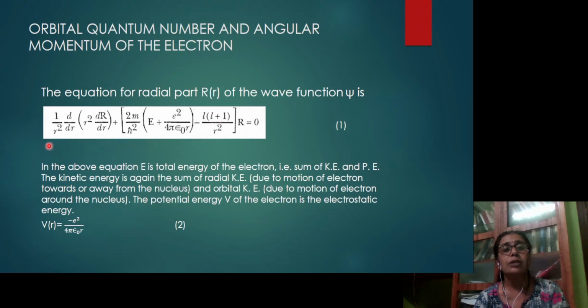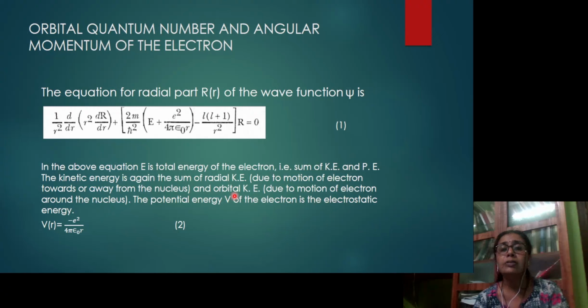As I have said earlier, we have rewritten the R equation and let us call it equation number 1. In this equation, capital E is the total energy of the electron, which is a sum of kinetic energy and potential energy. The kinetic energy term is again made up of two parts, that is radial kinetic energy and orbital kinetic energy.